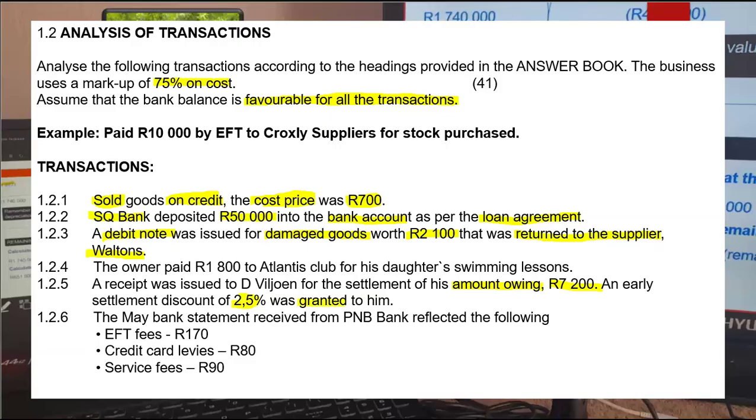So we didn't receive 7,200. We received less than that. As a matter of fact, we received 97.5%. How did I get that 97.5% of that 7,200? It's because that 7,200 is 100%, and D. June will only pay a net amount after the discount of 2.5% has been deducted.